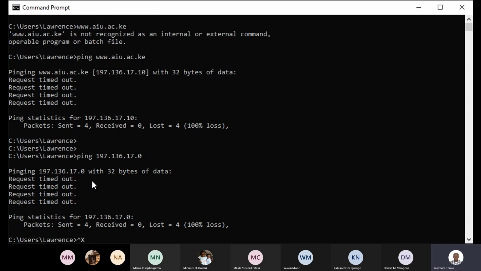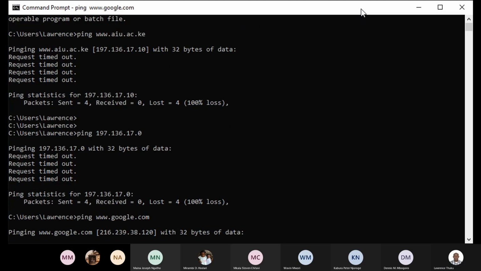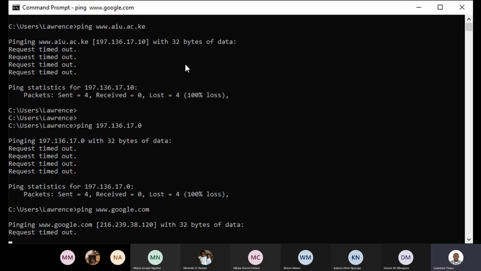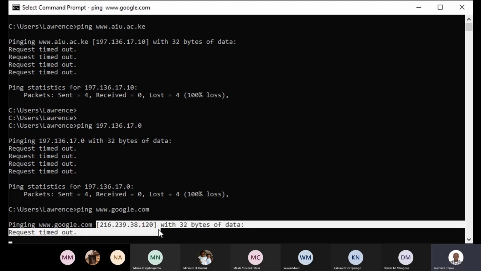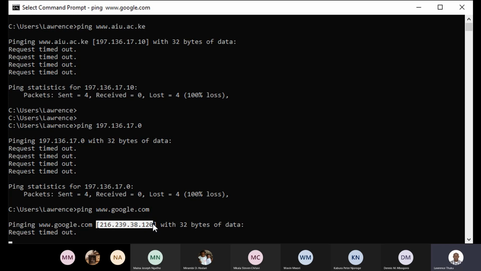I want to see which one can give us more results. You can see I'm now pinging another device here. This is the IP address for google.com. It gives me timed out.